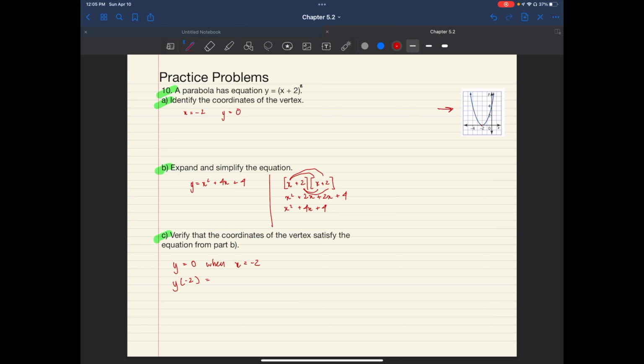So this is going to be -2 squared plus 4 times -2 plus 4. -2 squared is 4, plus 4 times -2 is -8, plus 4, so we get 4 minus 8 plus 4, y equals 0.